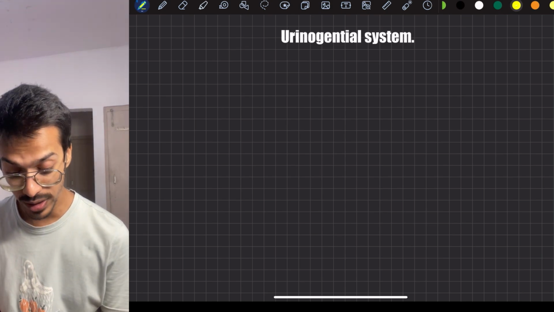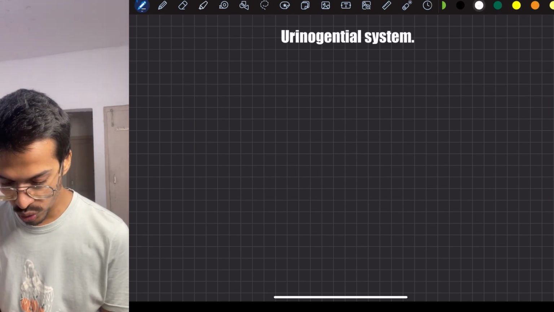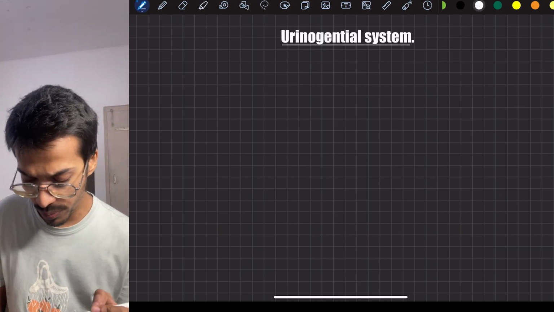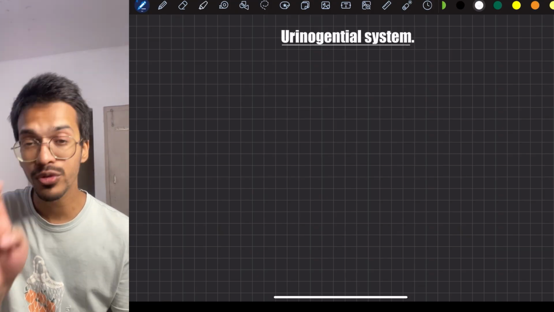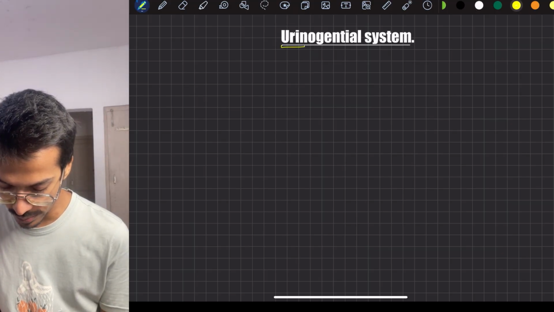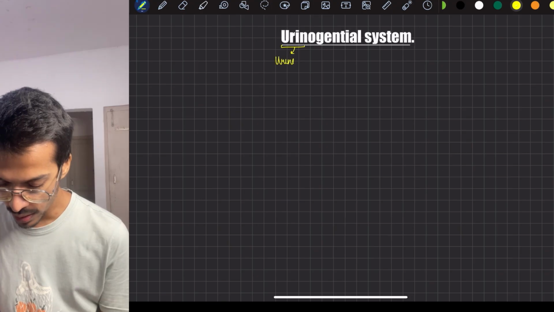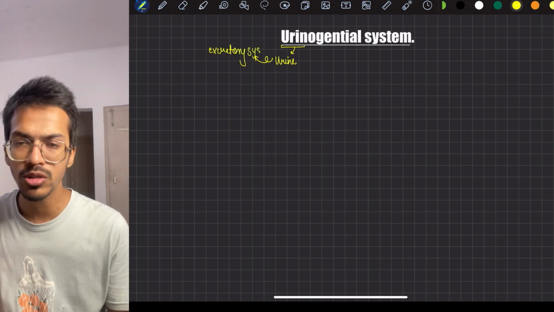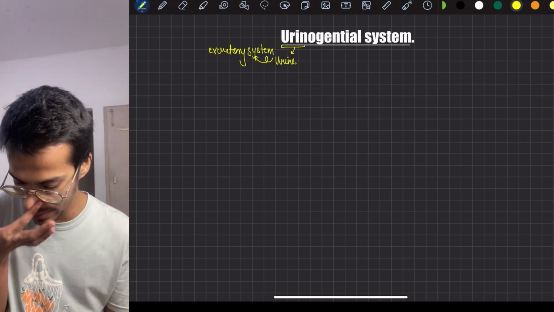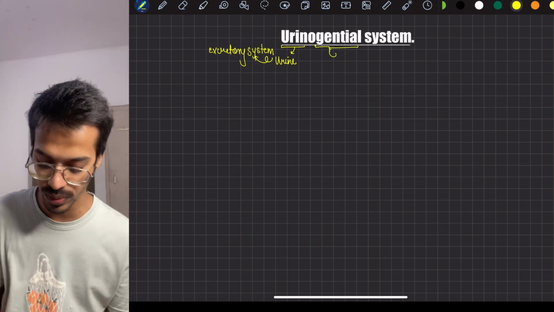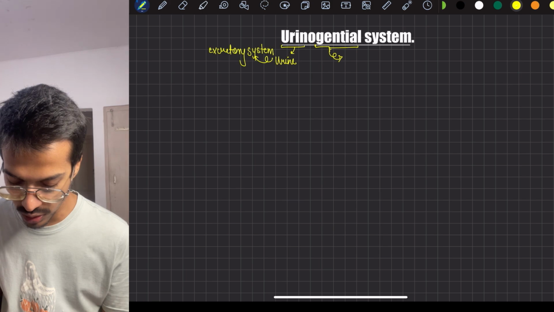In the urogenital system, a very important point you have to remember is that it is made up of 2 different words. One is urine, meaning it is responsible for the excretory system work, because the body will make waste also, not nitrogenous waste. The word genital means it is linked with the reproductive structure.